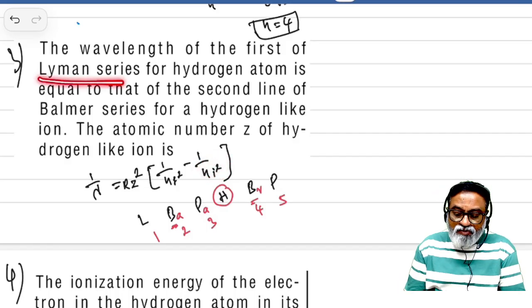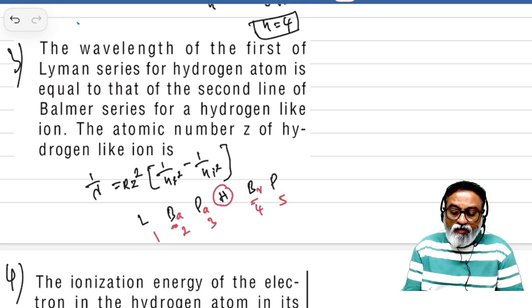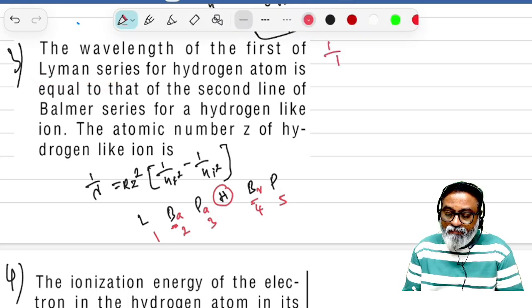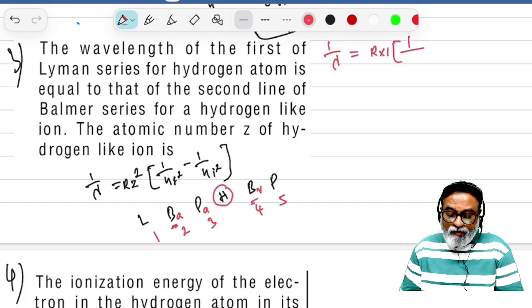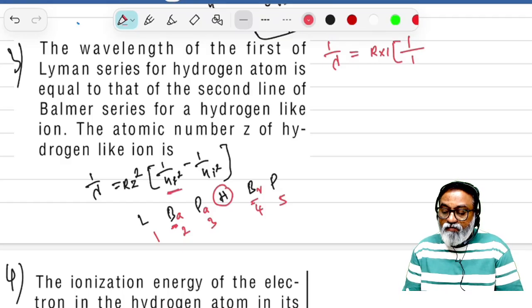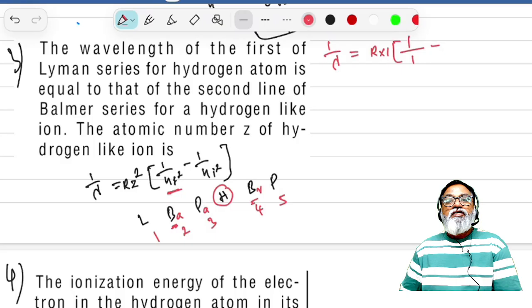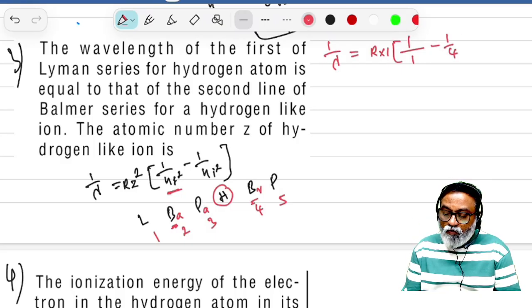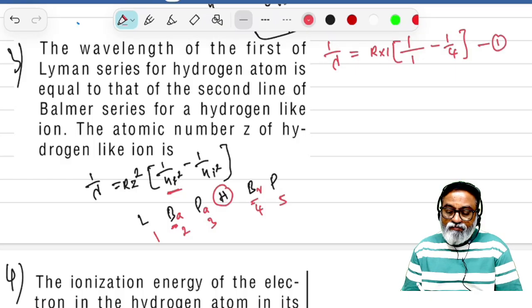First, for Lyman series, first line. Therefore, 1 by lambda is equal to R Z square, for hydrogen Z is equal to 1, into 1 by n final, which is always our number, that is 1, minus 1 by, in Lyman series first line means 1 plus 1, 2, that is 2 square, 4. This is equation number 1.